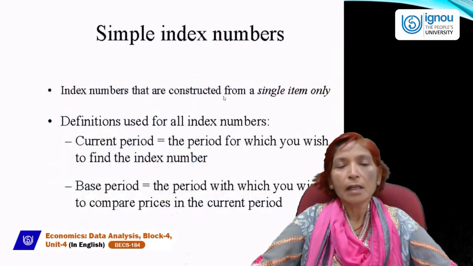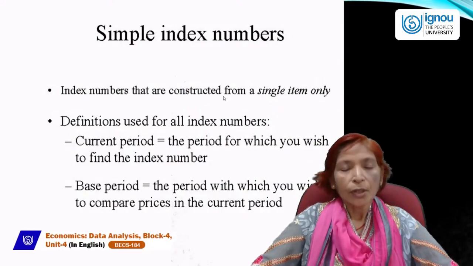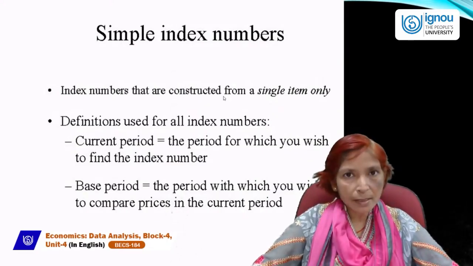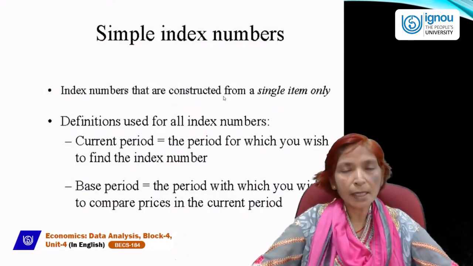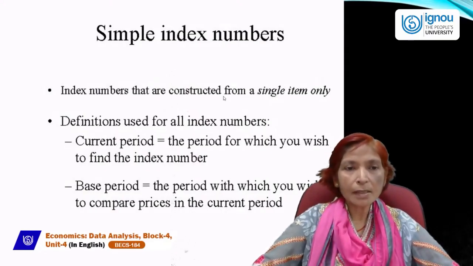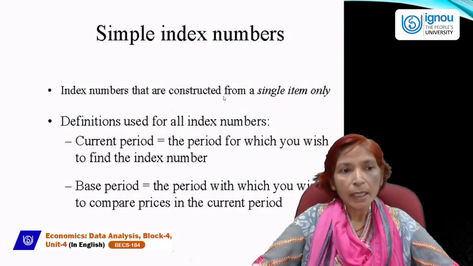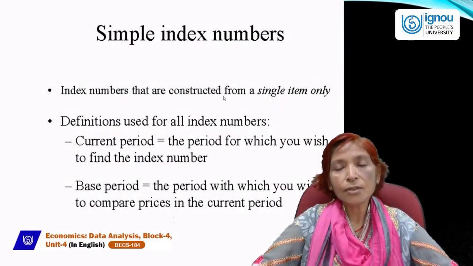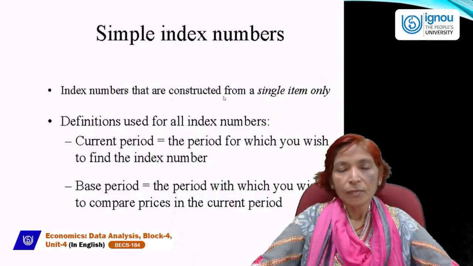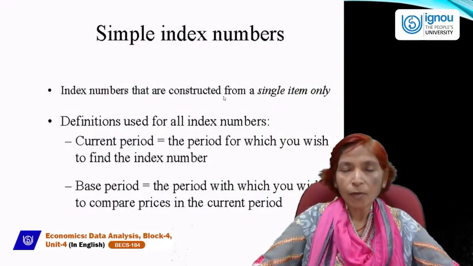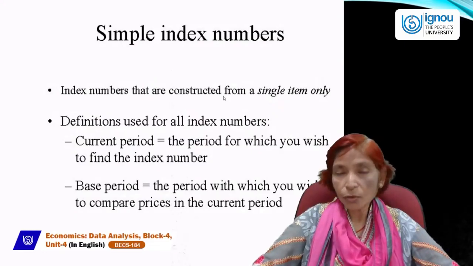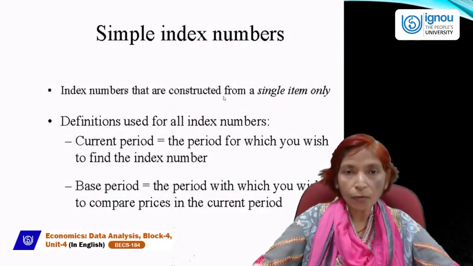Next is simple index number. You know that there are two types of index number. One is simple index number, the other is composite index number. Now, the simple index number is one that is constructed from a single item only. If we are taking only one variable, that is called univariate.